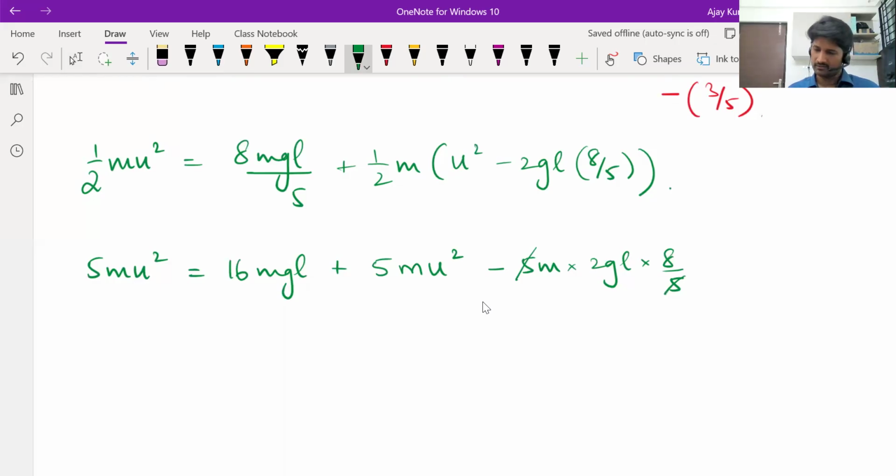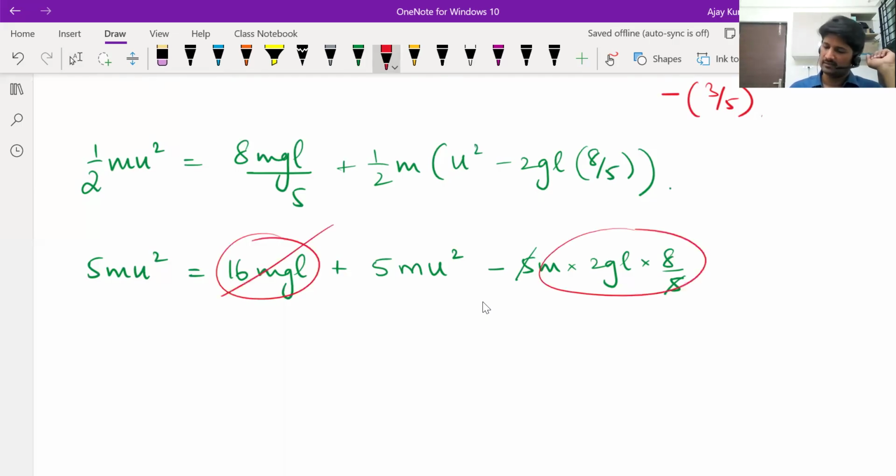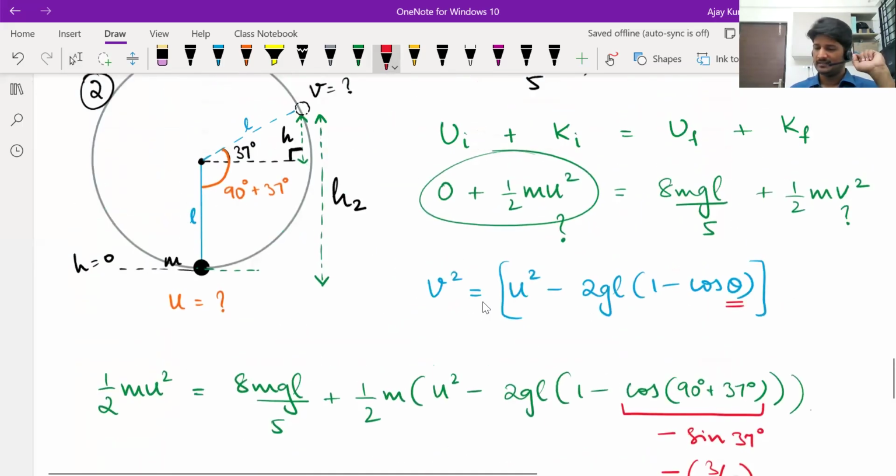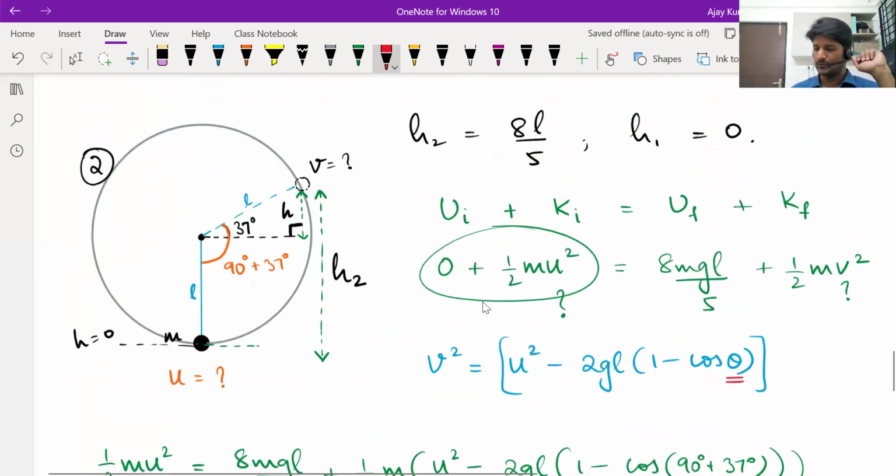But wait, what are we getting? This is interesting. This part is 16 mgl. This part is also 16 mgl. Minus sign is there, cancels. And you get 5mu square is equal to 5mu square. So the method we tried is not giving us the answer for u.